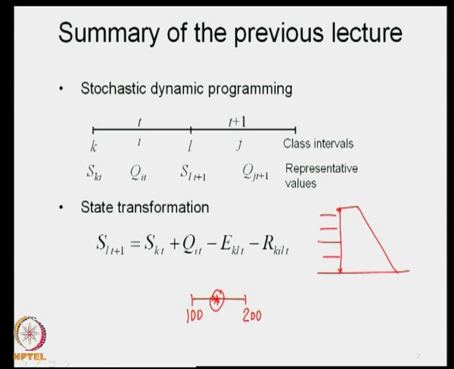And the representative value is typically taken as the midpoint, although there are several better ways of doing this depending on the actual distribution of the storage within this range. We may devise different methods of taking the representative value, but for the time being we will assume that we take the midpoint of a particular class interval as the representative value.